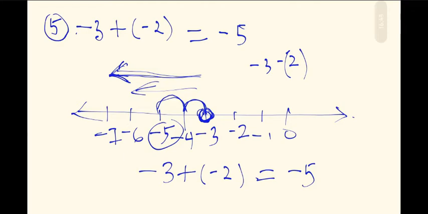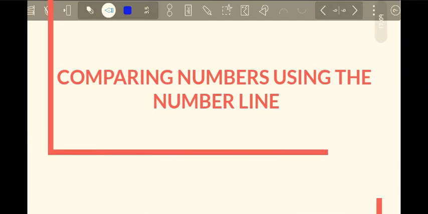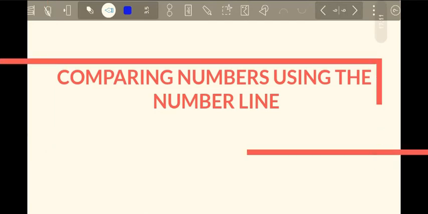So we come back to today's lesson. We are going to use the same number line to compare numbers. Yes. So how do we do that?